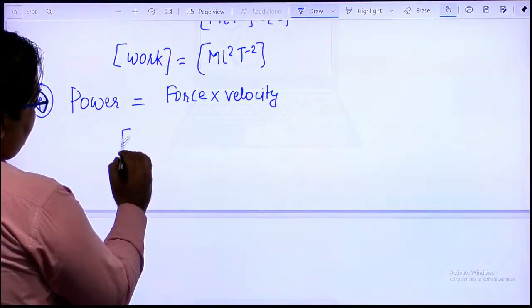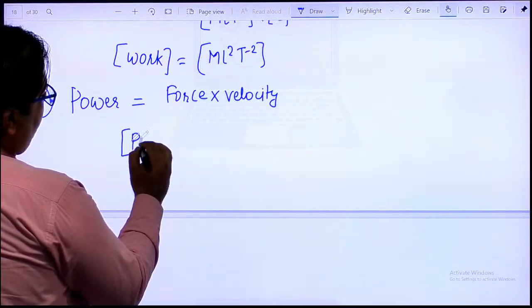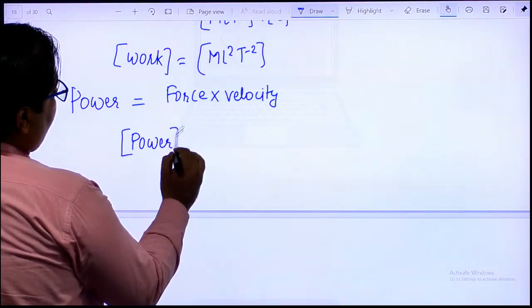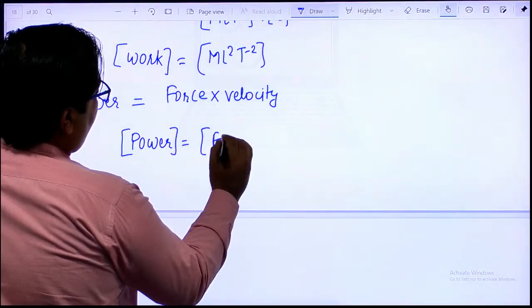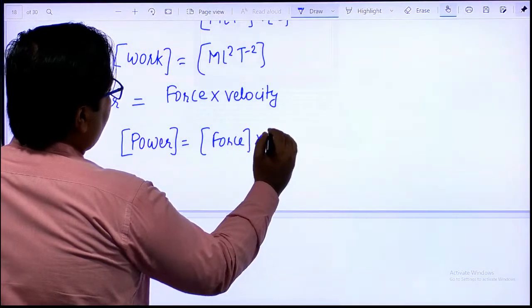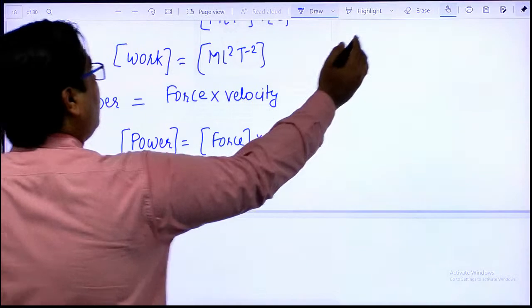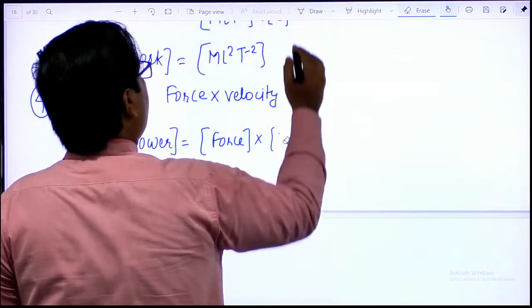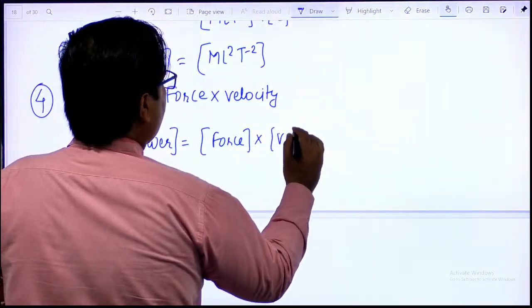So the dimensional formula of power is the dimensional formula of force into velocity.